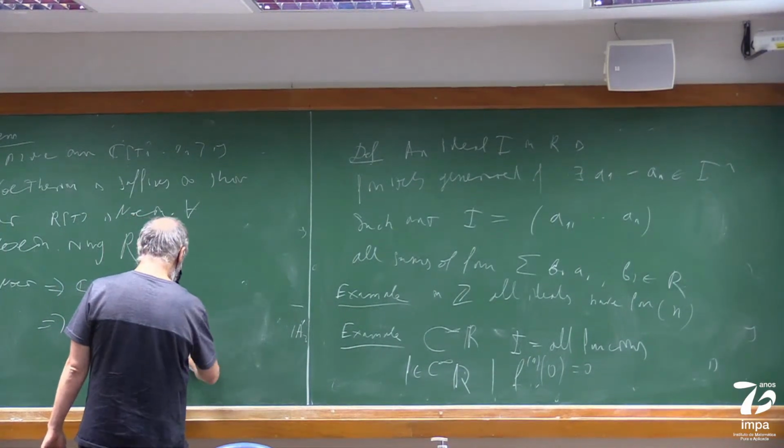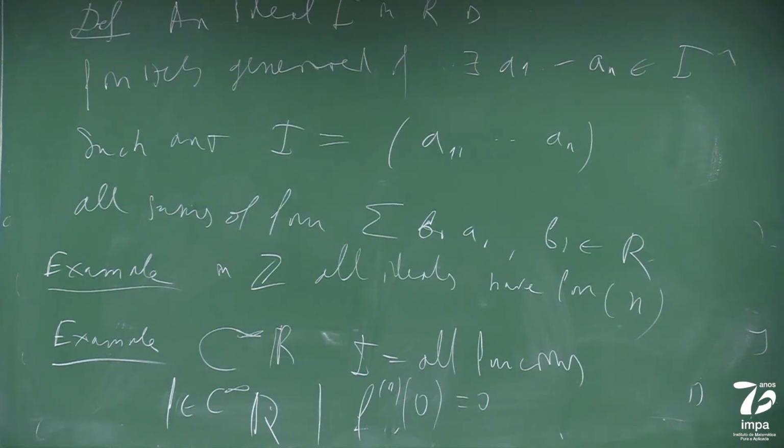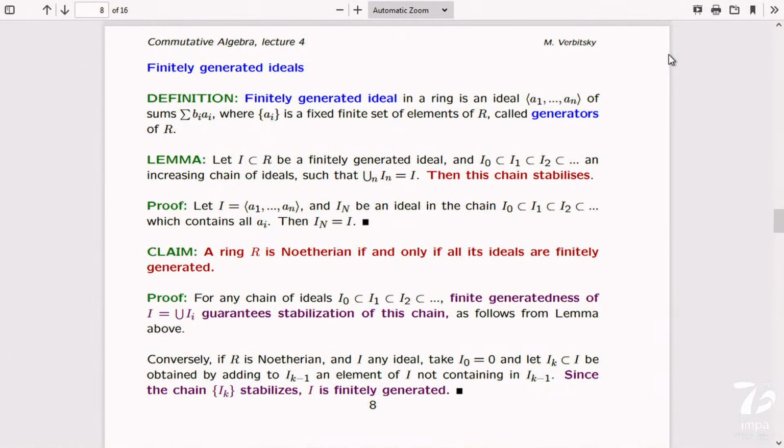And more generally, Noetherianity is a very common property. If you see a ring, you expect it to be Noetherian, and then probably it is. Okay. Sorry?